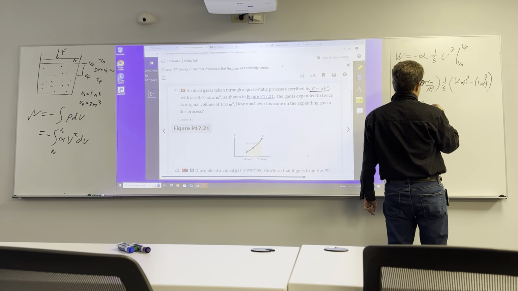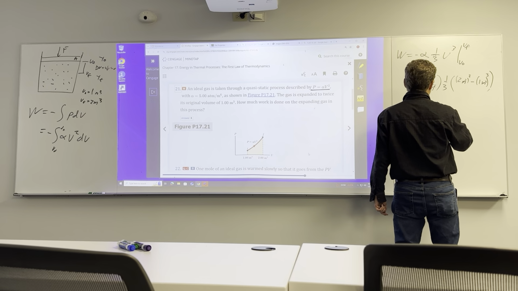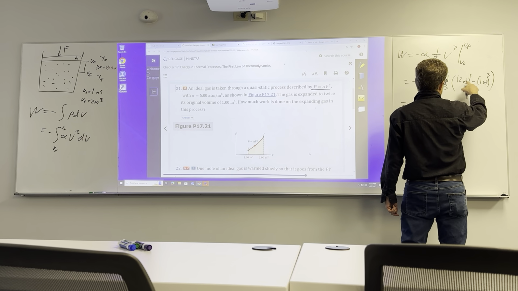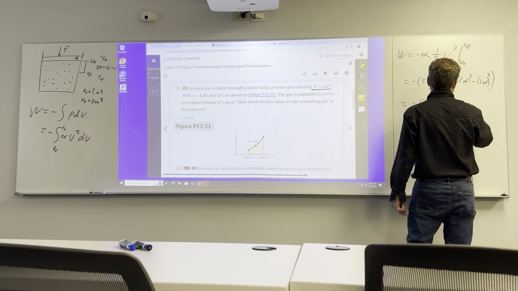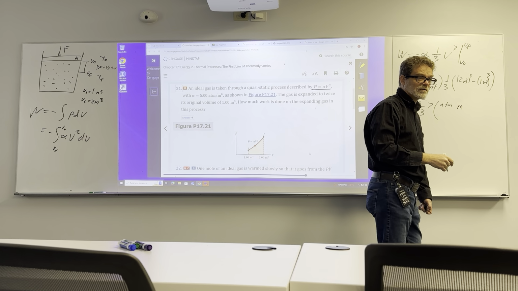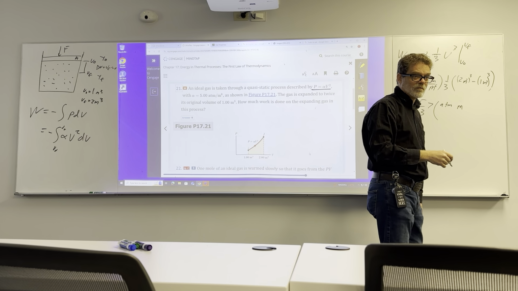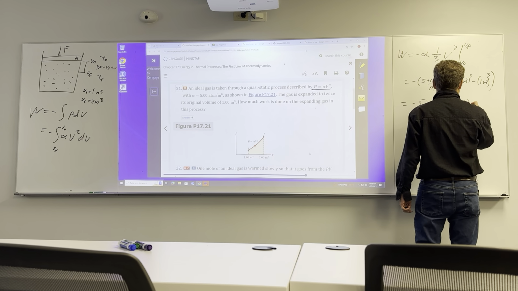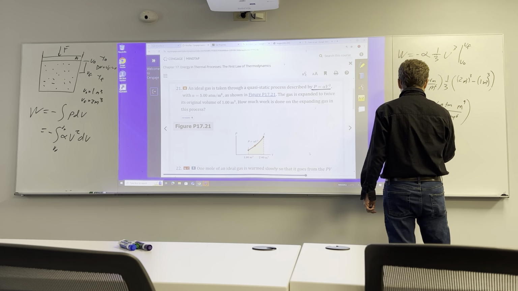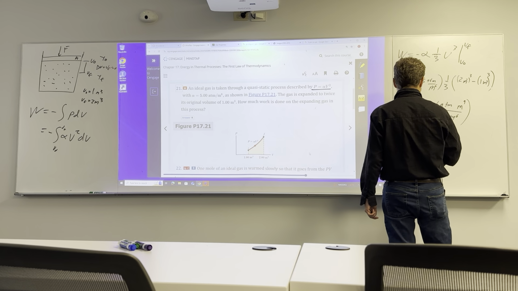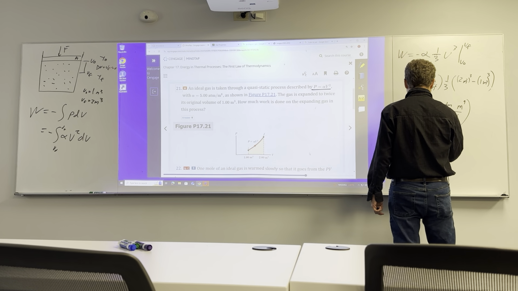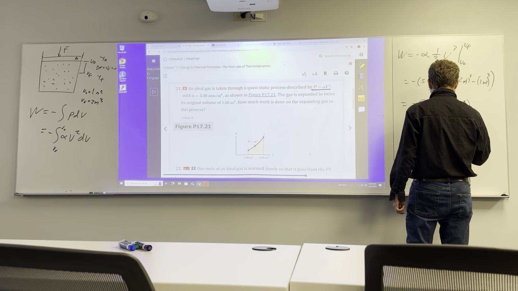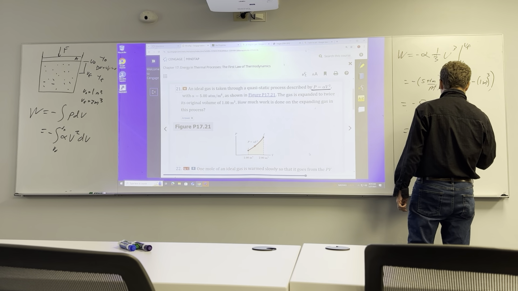And then what am I left with in terms of units? I got an atm. Meters to the 9 divided by meters to the 6. So I get a minus 5 times 7, that's 35, 35 thirds. The units are atm meters cubed.